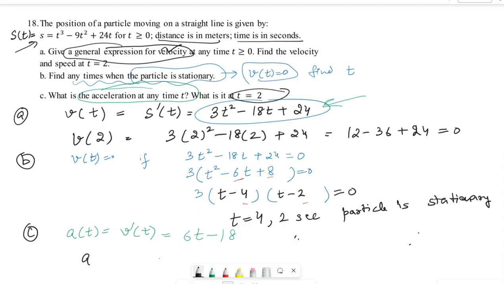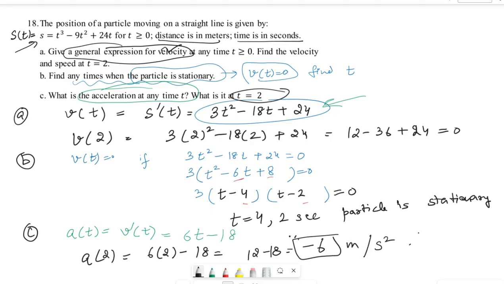So that's asking you acceleration at 2. So you just need to plug 2 here. That means 12 minus 18. That should be negative 6. Here it will be meter per second square. Okay, units of acceleration. That means we are decelerating because it's negative. Velocity is decreasing.